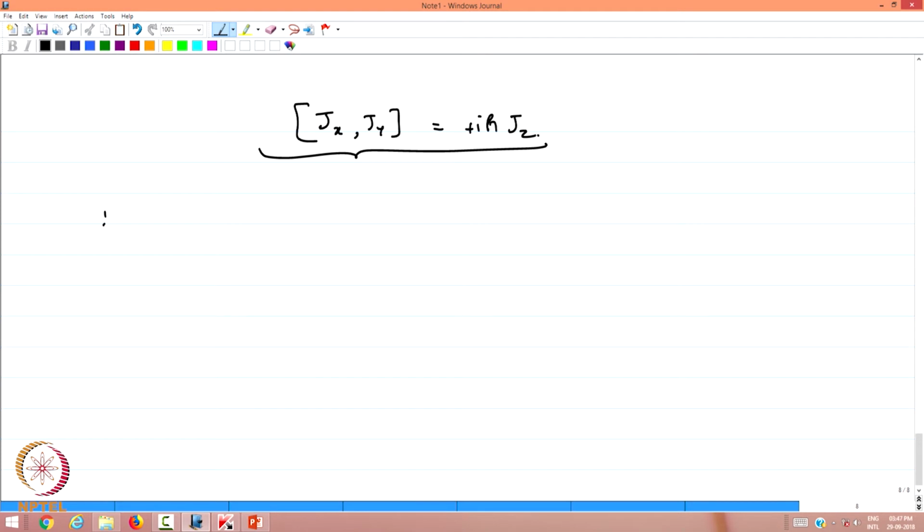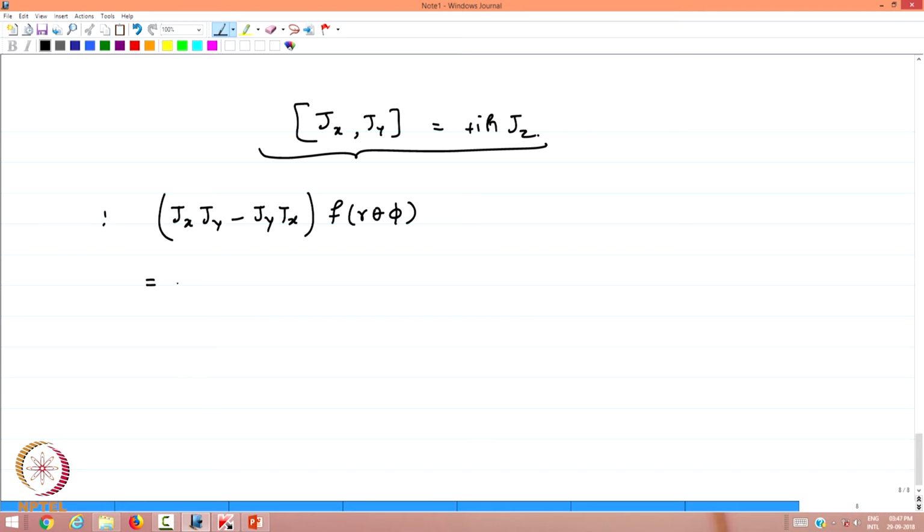Let us first do the term JxJy minus JyJx on a function of r, θ and φ, and then we will remove the function at the end of the calculations.